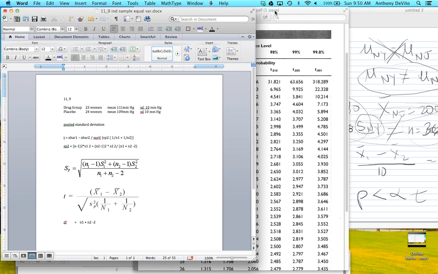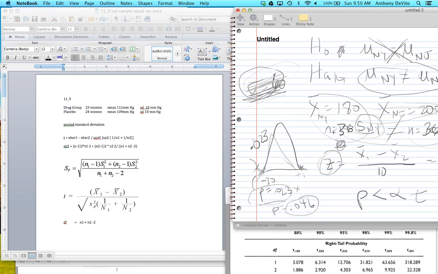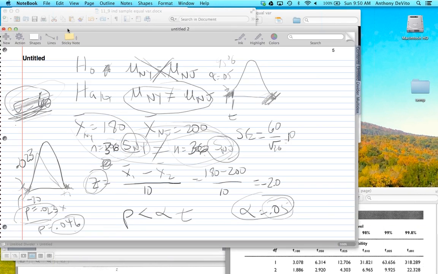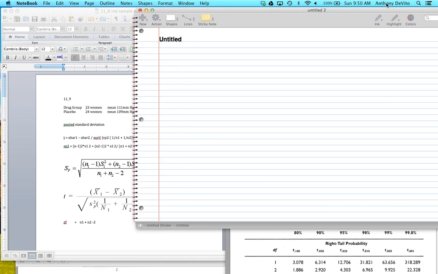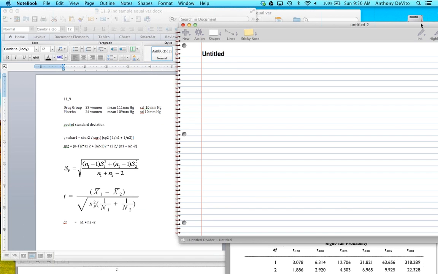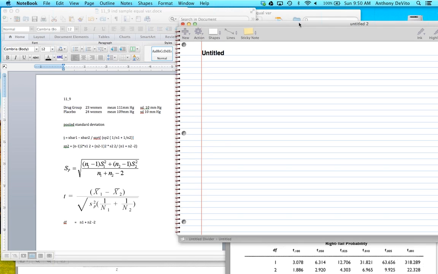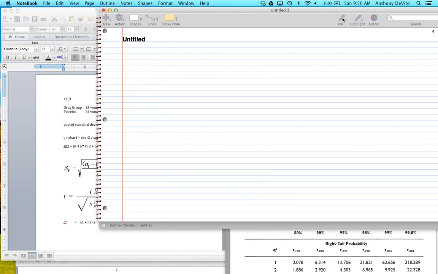Okay, so now I'm going to go back to this calculation, and let me get a fresh page. My situation here is that I have two samples: x bar 1 and x bar 2.